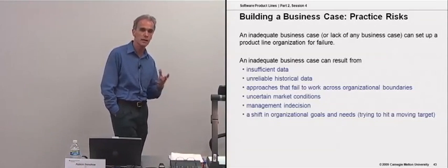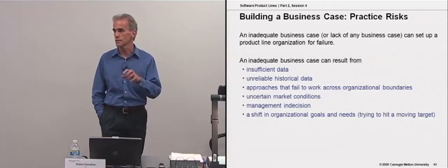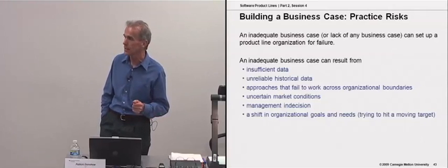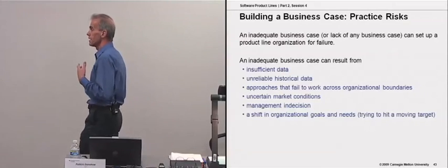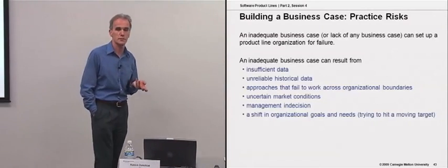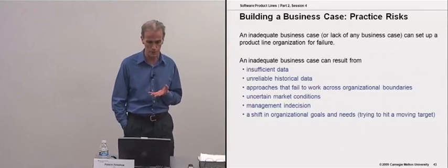Justifying the product line approach in different business units or across multiple business units simultaneously can become a real challenge. Uncertain market conditions might tell you that maybe now is not the best time to go into a product line approach.